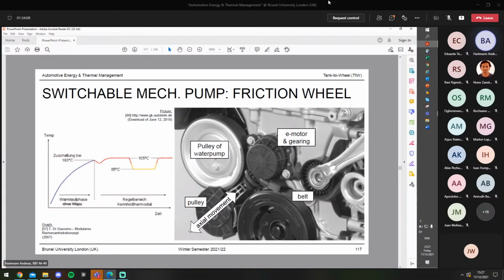If you then move the friction wheel in between the pulley of the water pump and the belt, it's switched on, and the coolant pump applies a flow to ensure the required cooling. So in the warm-up phase, which is represented here in the beginning section, there is no movement at all, and later on, as I said, you switch on again.